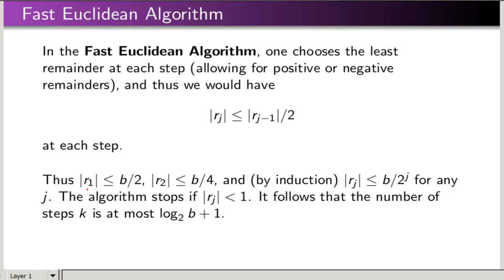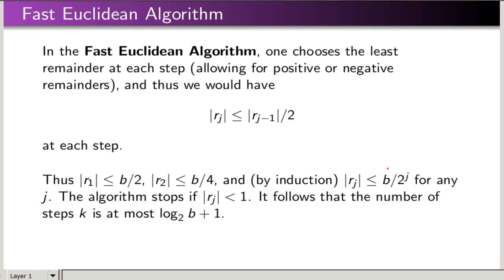So the first remainder is smaller than b over 2, the second one is smaller than b over 4, and the jth remainder is smaller than b over 2 to the j. So the algorithm will stop as soon as the remainders get smaller than 1, which means as soon as 2 to the j is bigger than b, the algorithm terminates.